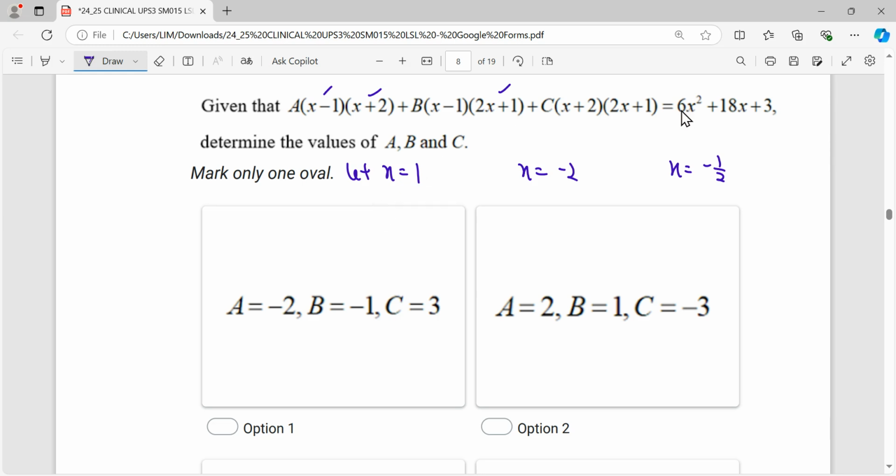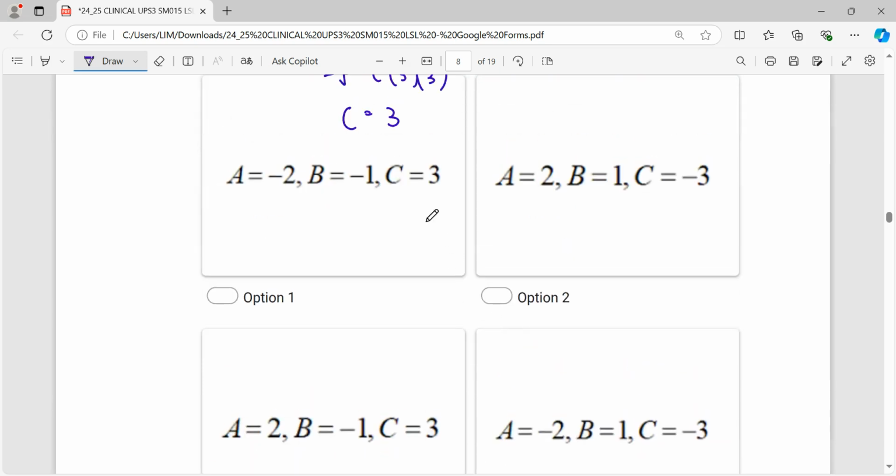So when we substitute 1, it will become 27. It will eliminate this factor and this factor, so we can find c. So c is 3.